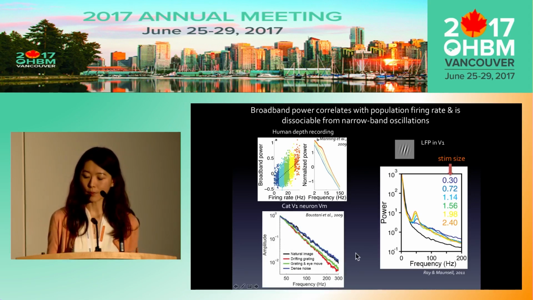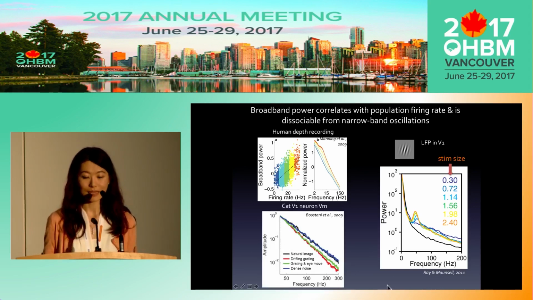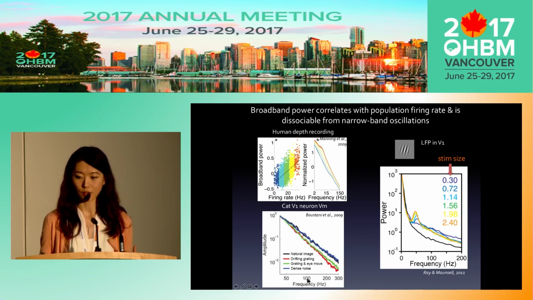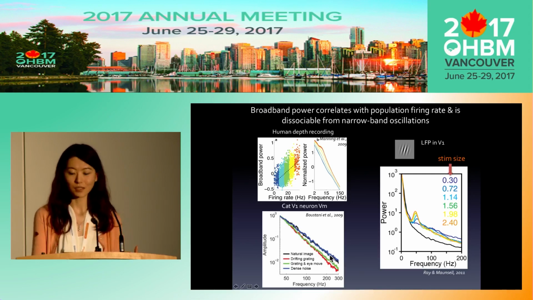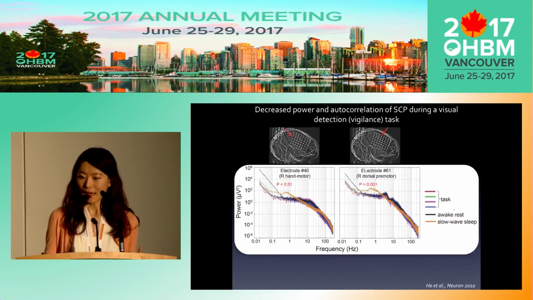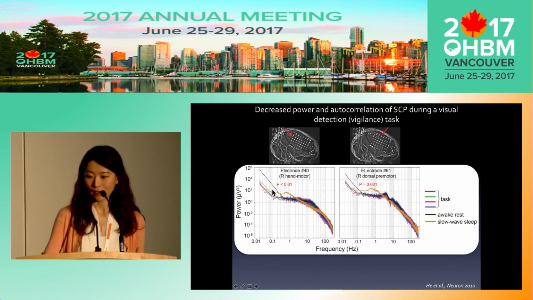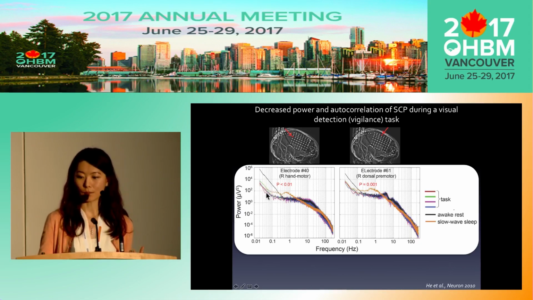In this high-frequency range, you can also, in some cases, find changes in the slope of the power spectrum, which is an index of the strength of temporal correlation in the signal. And then in the low-frequency range, several years ago, we found that the low-frequency power as well as the slope in this part of the power spectrum can be modulated by task performance.